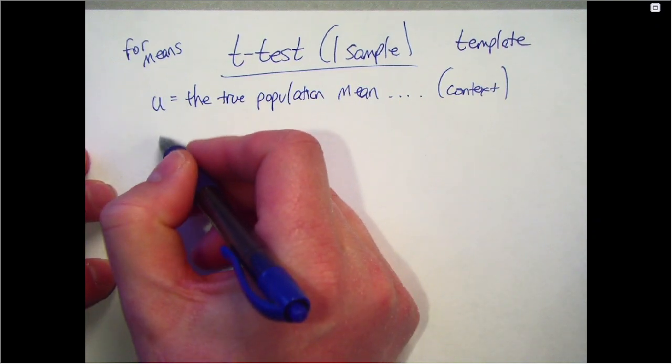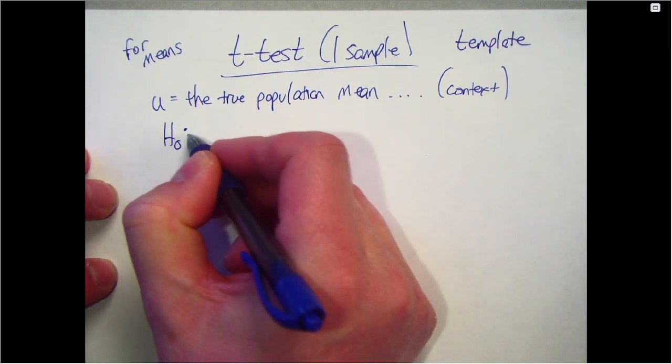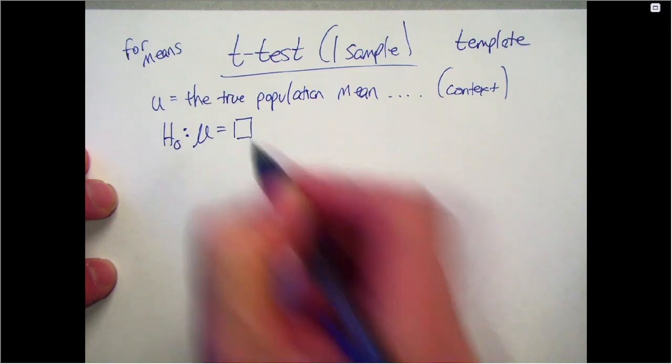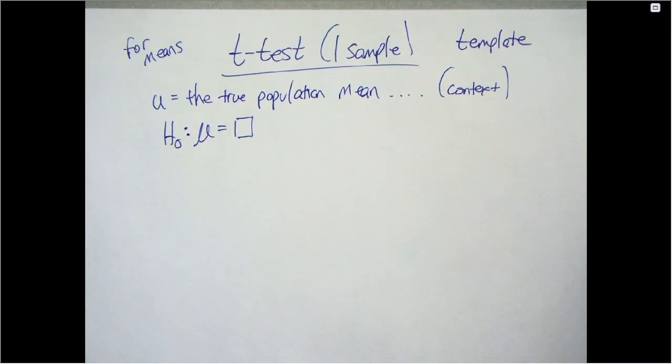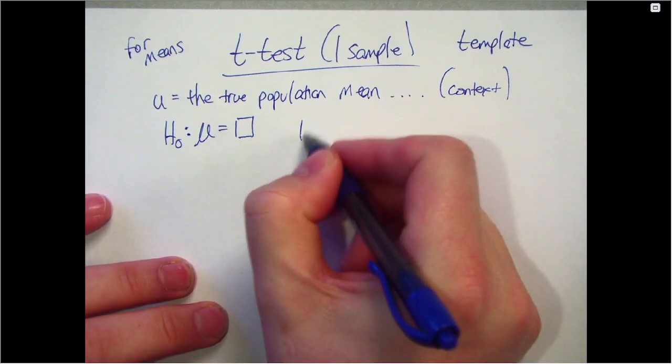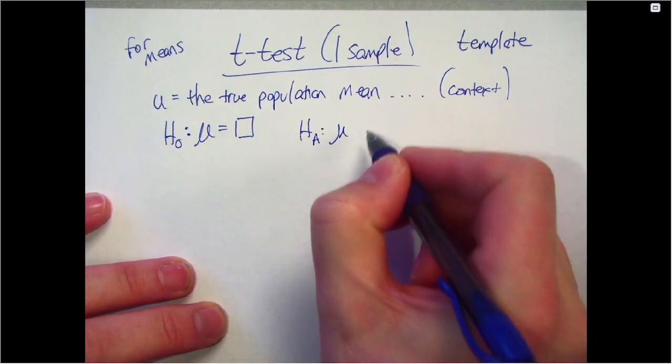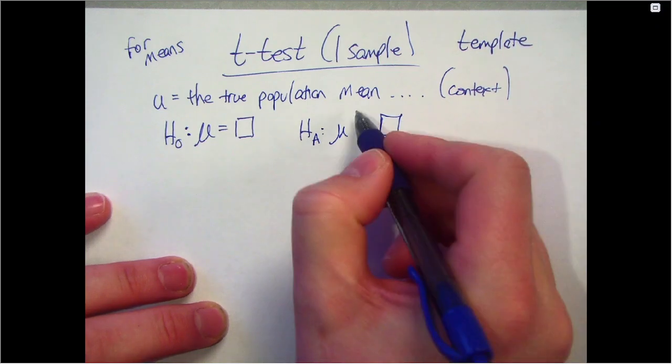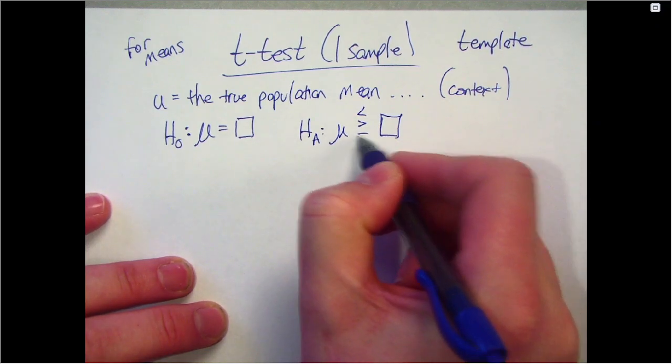And then you'll have H0, which always has to be mu equals something. It's always a claim that, hey, this is what it is. And we're going to try to show it's either greater than, less than, or not equal. So Ha could be less than, greater than, or not equal.